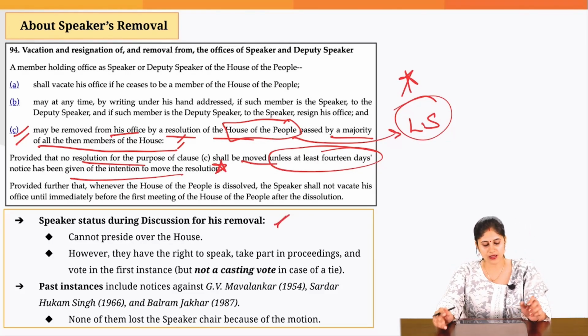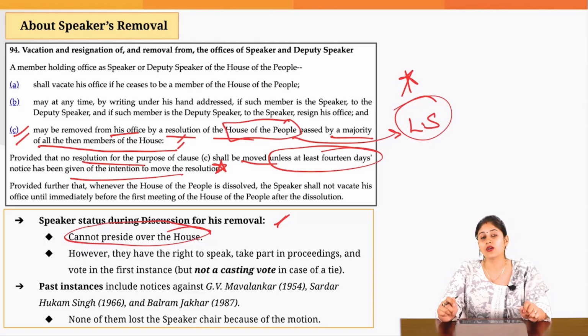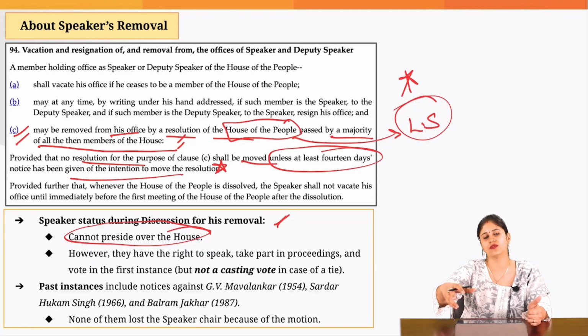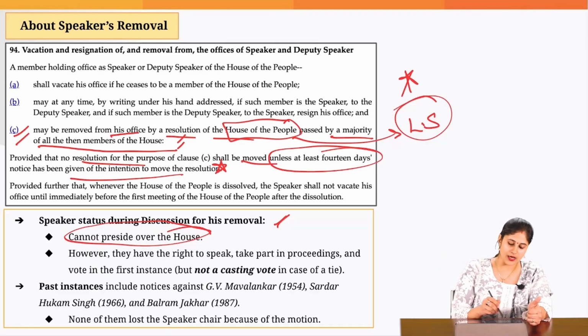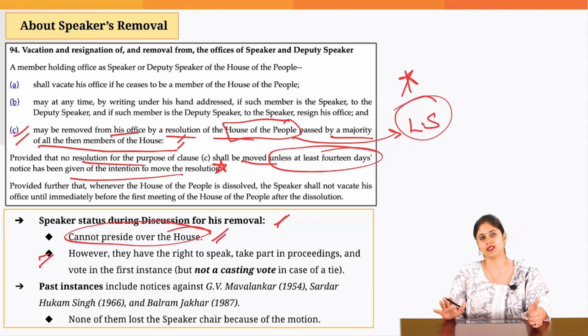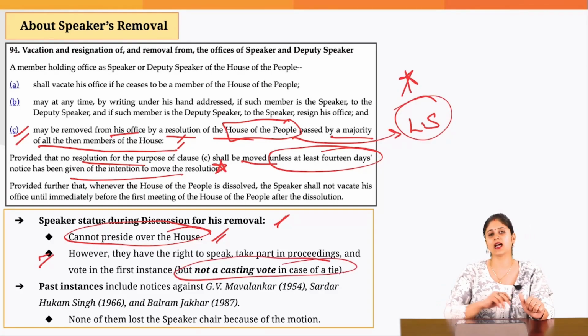Now, when it comes to the speaker removal, can they preside or not, when the house is considering their removal related resolution? The answer is no. They cannot preside when the house is considering the resolution for their removal. They are not allowed to preside over the house, but they are allowed to vote in the first instance. But if there is a tie, then in that case they don't get the casting vote.